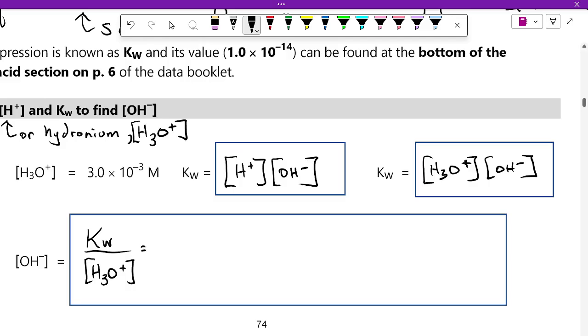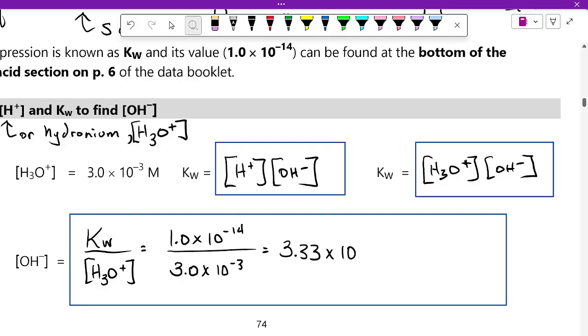What is the value for KW? 1.0 times 10 to the negative 14 divided by H3O plus, which is 3.0 times 10 to the negative 3. So that's going to give us 3.33 times 10 to the negative 12.